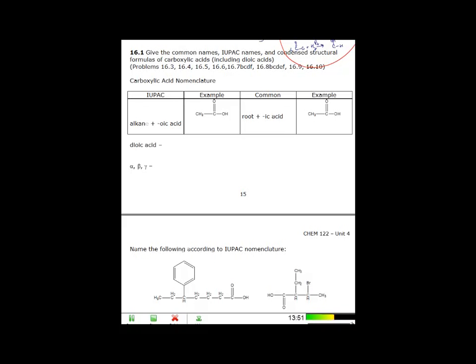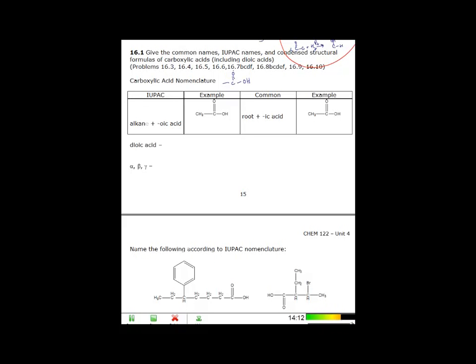But I'll go over them to clarify. Now, remember that carboxylic acids have the C double bond O, so carbonyl, with an OH. That's a carboxylic acid.